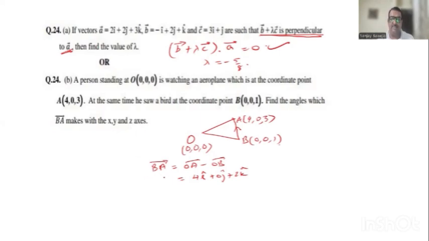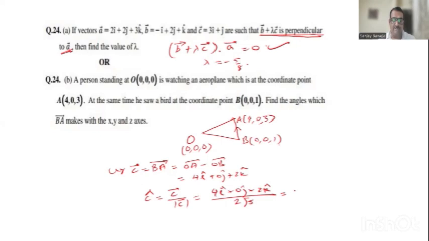So the best way to answer this question is that you find out a unit vector in the direction of BA. We assume this vector as C. Let vector C is equal to vector BA. So we have to find C cap. C cap is equal to vector C upon magnitude of vector C. So you will divide 4i cap plus 0j cap plus 2k cap vector by magnitude of this, which is 2 root 5.